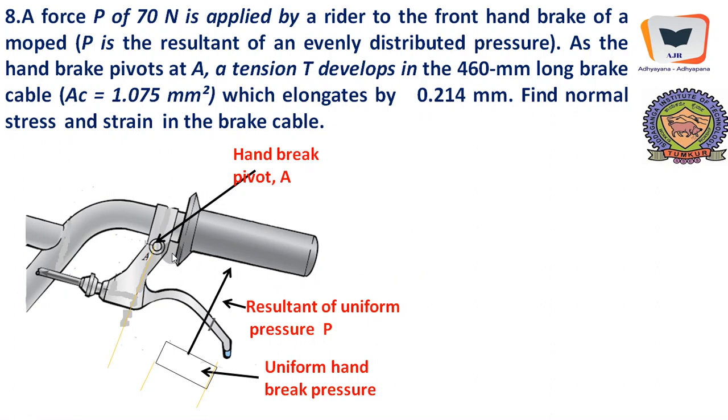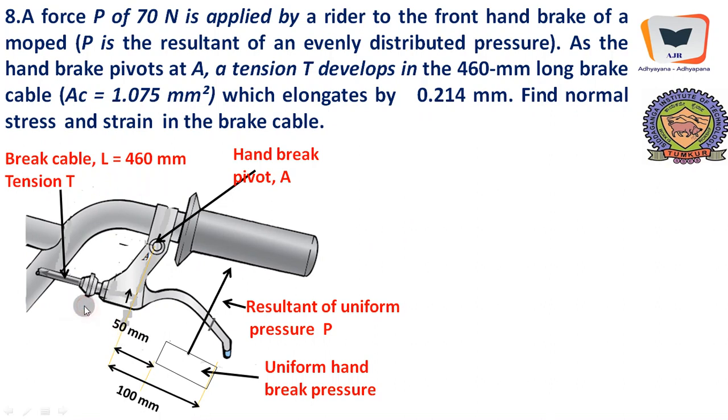This is the hand brake pivot, with respect to which this brake lever can rotate, and here is the cable where tension force will be developed. It has a moment arm with respect to this pivot which is given to be 37.5 mm, and the force has a moment arm with respect to this particular lever amounting to 100 mm.